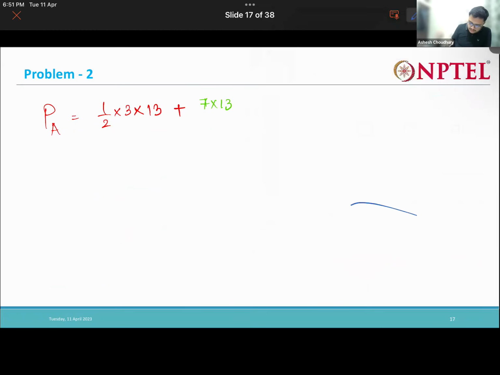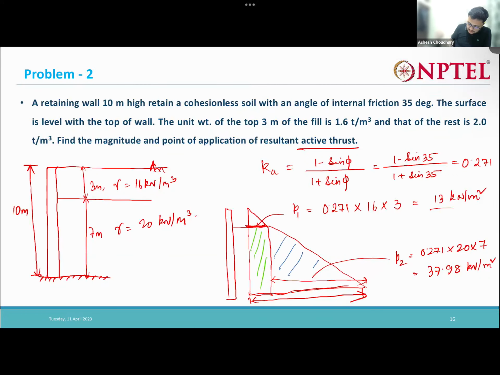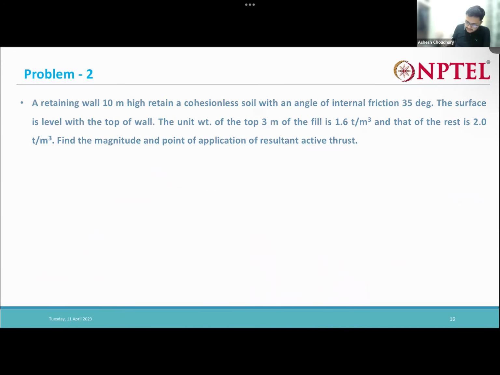Then the area of this triangle, nothing but half into 37.94 into 7.